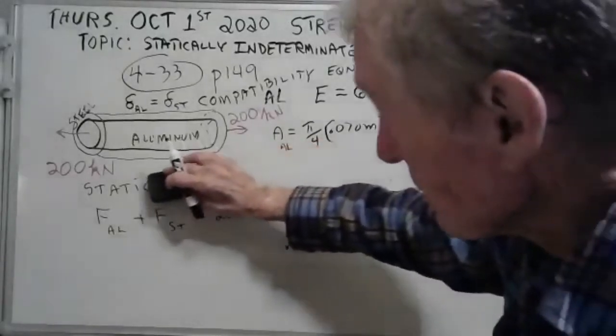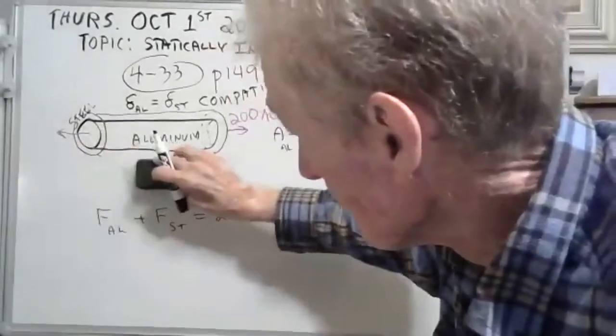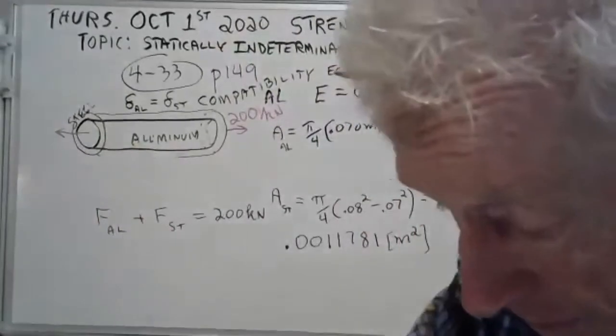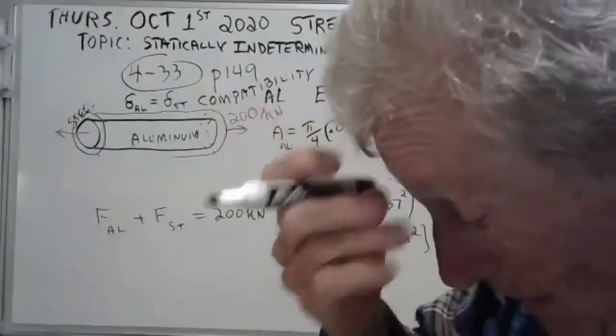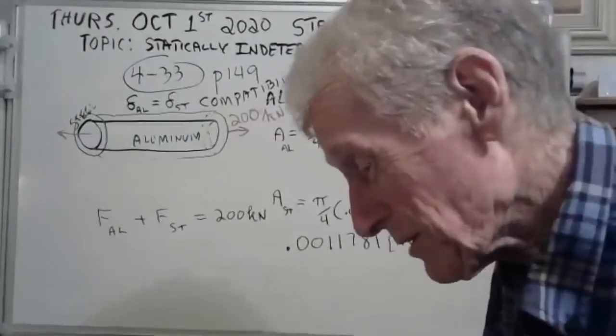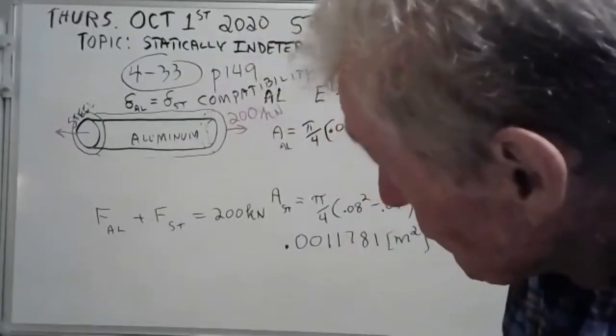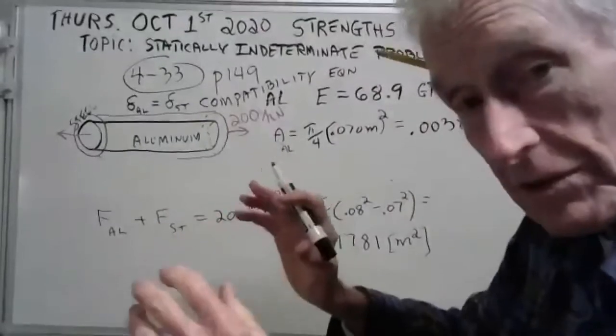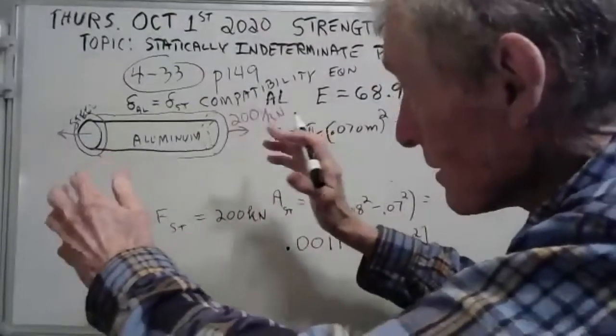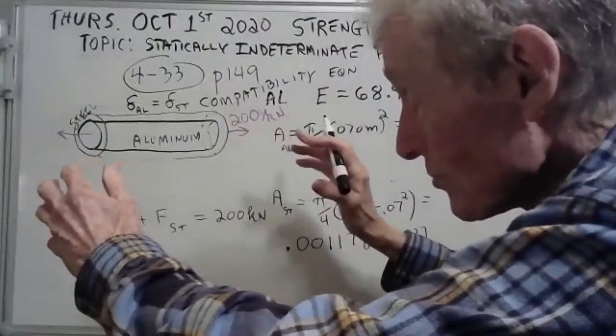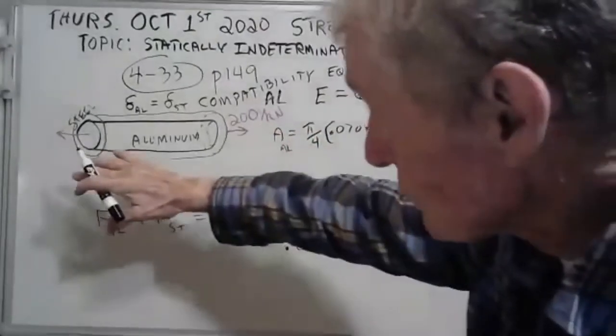Mr. Griffin? Yes, I'm listening. How do you find this compatibility equation? Mohammed, it's difficult. But in this case, it wasn't for me because I know that this structure is going to stretch. And they stretch together, see?